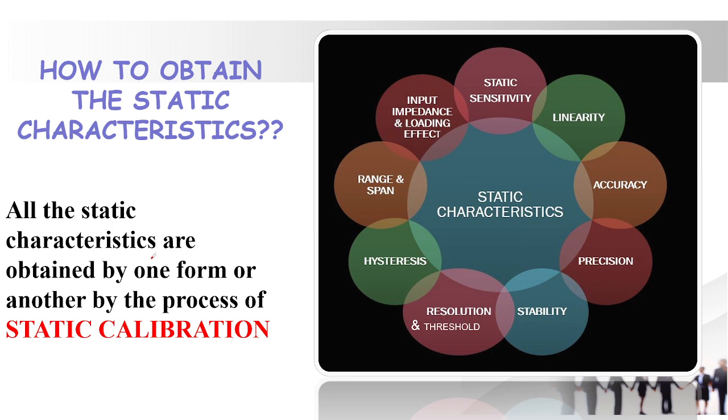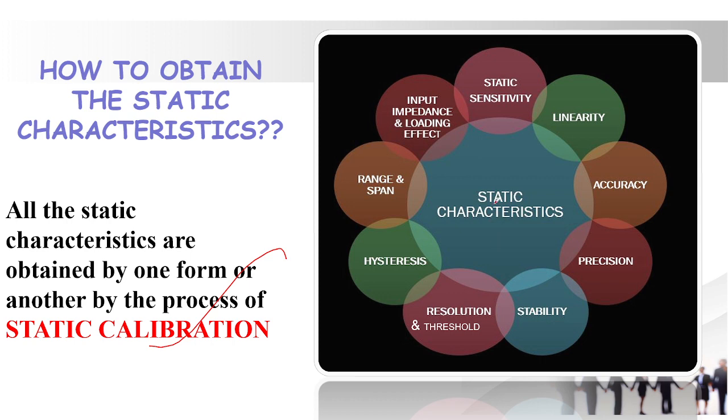On the whole, we call this static calibration. Now, these are the characteristics: linearity, accuracy, precision, stability, resolution and threshold, hysteresis, range and span, input impedance and loading effect, and the last one is static sensitivity.